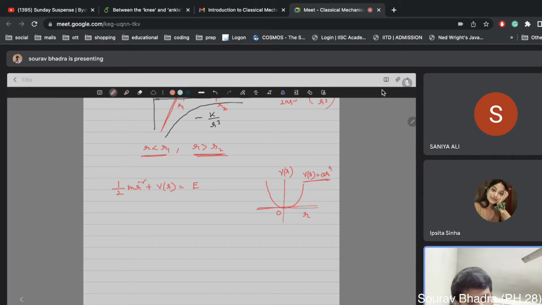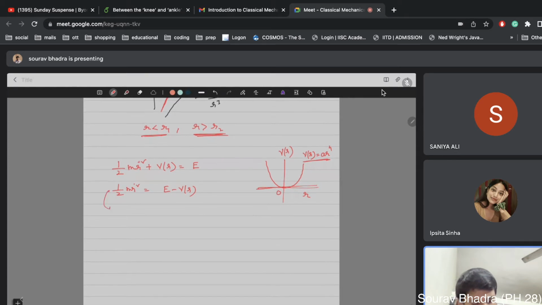Now r dot square is 2 times E minus V(r) over m. We assume that the mass of the particular object is unity, so m is 1, and in that case r dot square will be 2 times E minus V(r).